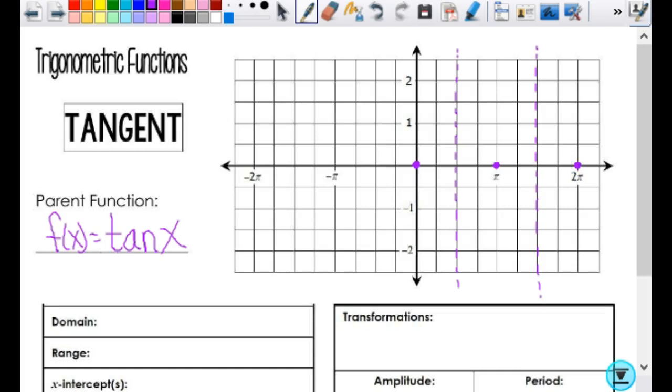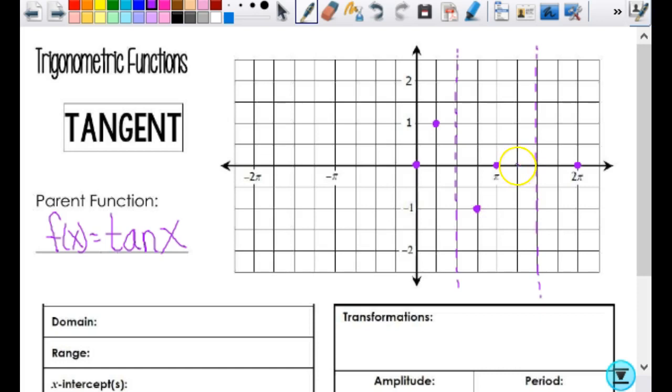Now let's go back a little bit here. This is 0. This is pi halves. What's the tangent of pi fourths? 1. So then this was pi halves. This is 3 pi fourths. What's the tangent of 3 pi fourths? -1. Then we have pi, that's 4 pi fourths.